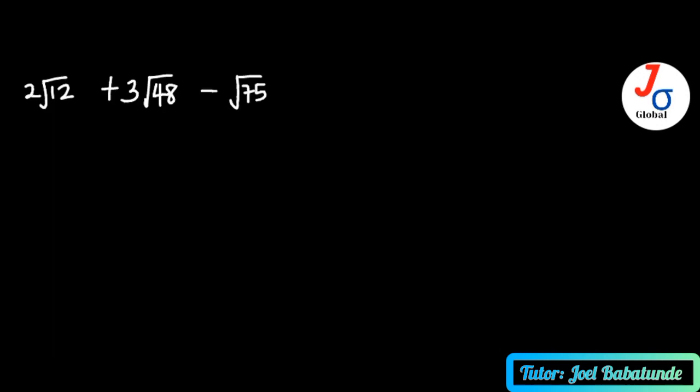All right, so we have this example, and let's simplify it: 2 root 12 plus 3 root 48 minus root 75. What do I see here?